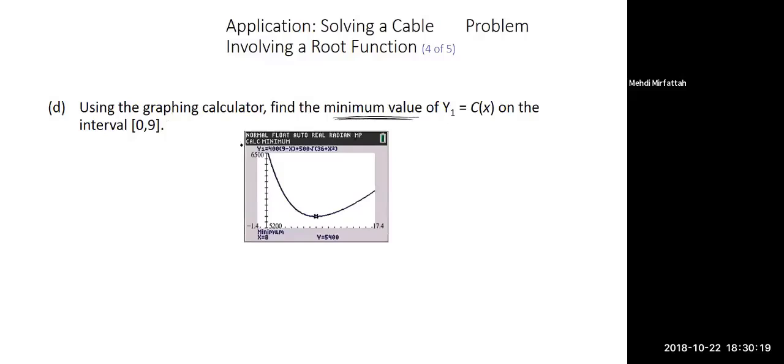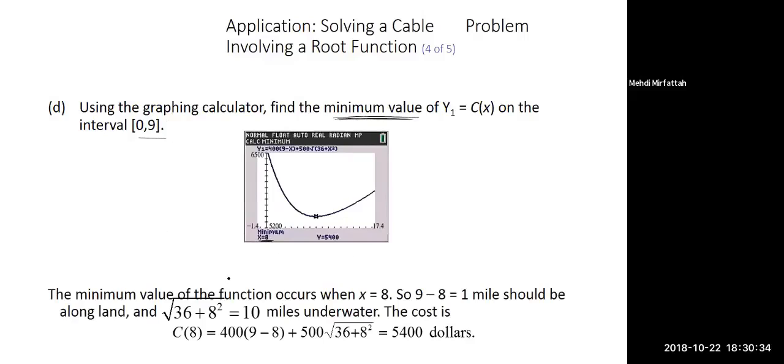For this part, you can plug the equation into your calculator and find the minimum point, which turns out to be at X equal to 8 in that interval. So the minimum value of the function occurs at X equal to 8. So 9 minus 8 would be equal to 1 mile for the land, and then you can put in the value for K. That would be 10 miles under the water.